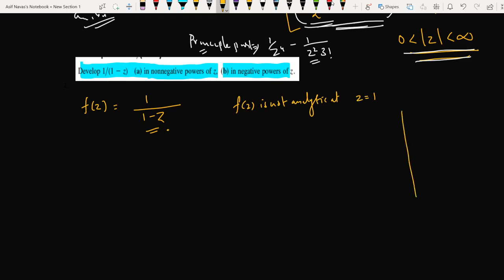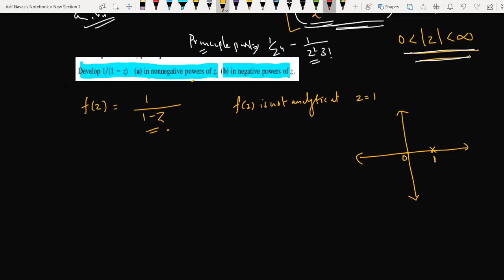So first we will consider this region for the Laurent series expansion. So this is 0, this is 1. At this point the function is not analytic.